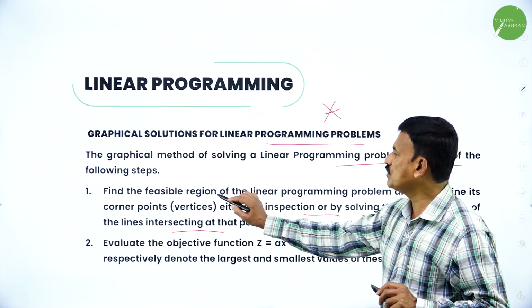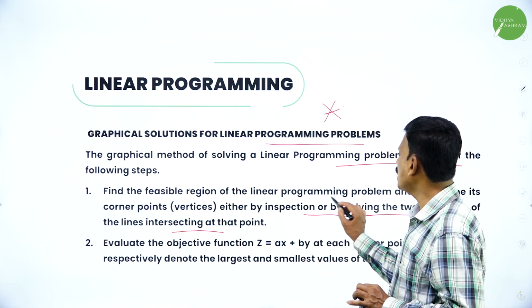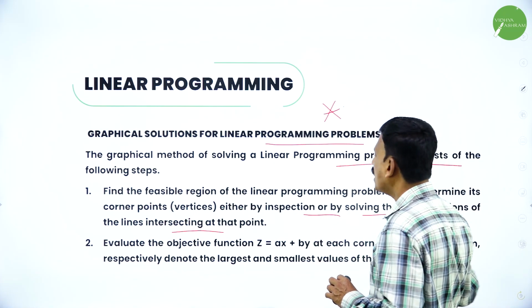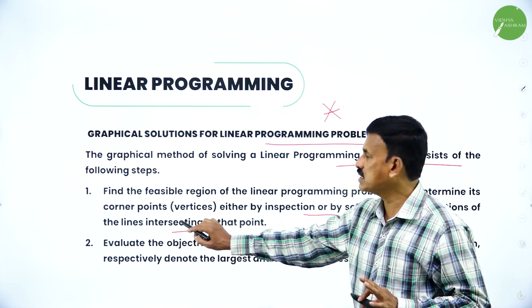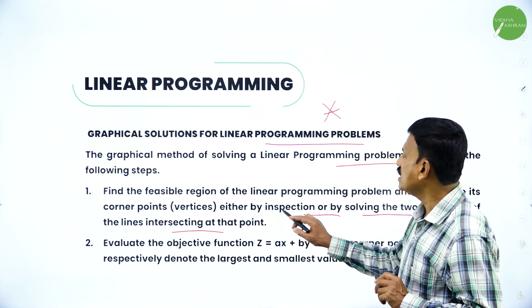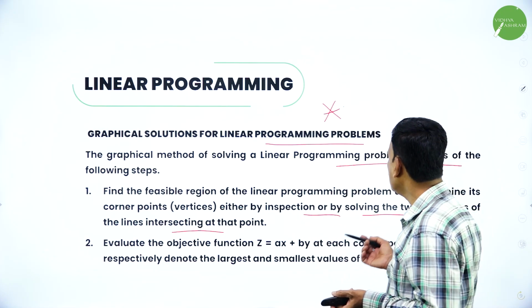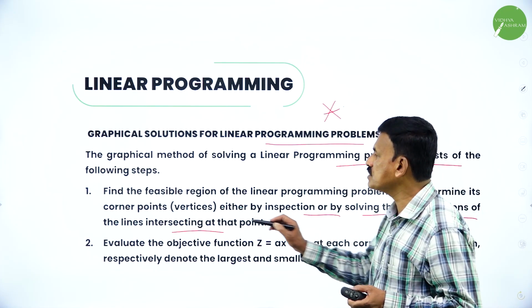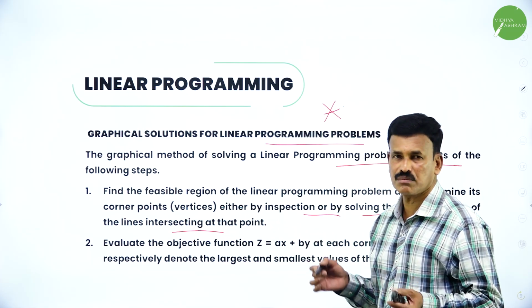So, first find the feasible region and determine its corner points, the vertices, either by inspection or by solving the two equations of lines intersecting at that point.